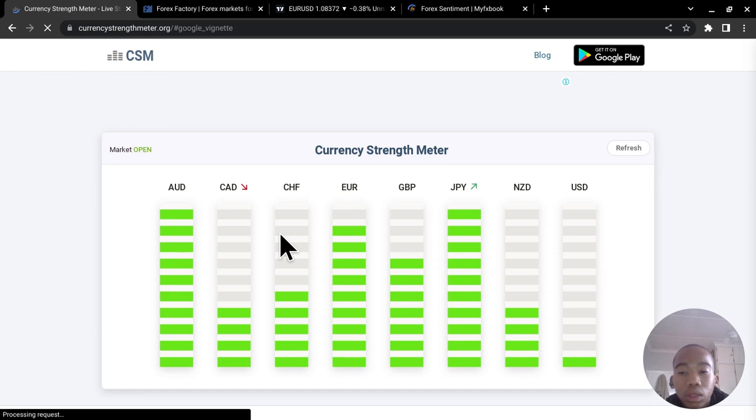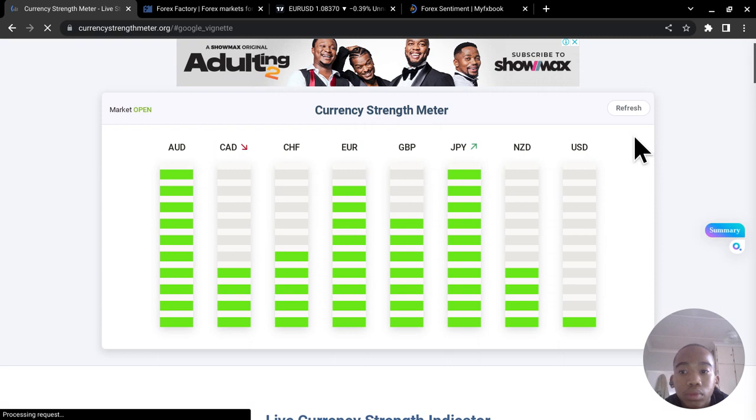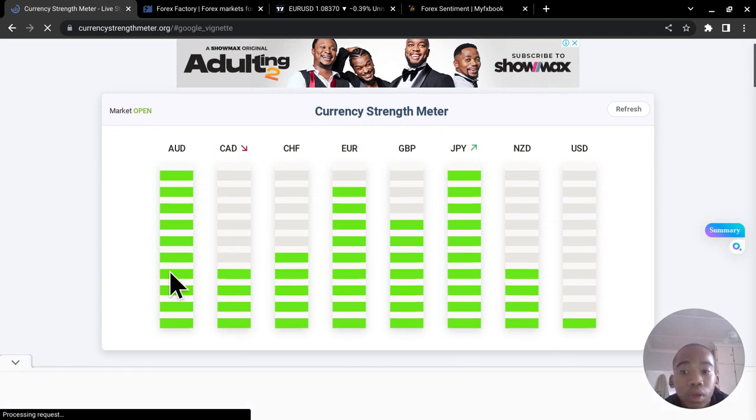I think this was around the same stats last week, and it was actually really accurate. AUD had 4 bars in terms of strength, and USD was very weak, and we saw a really nice trend to the upside. Euro also was really strong and was trending up really nicely.